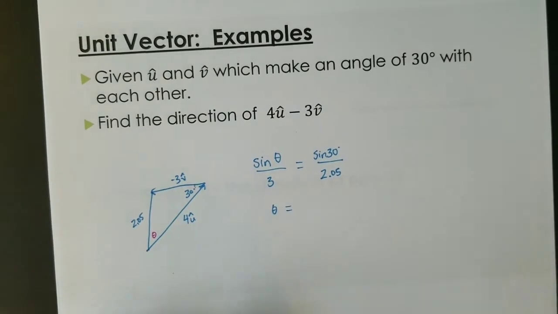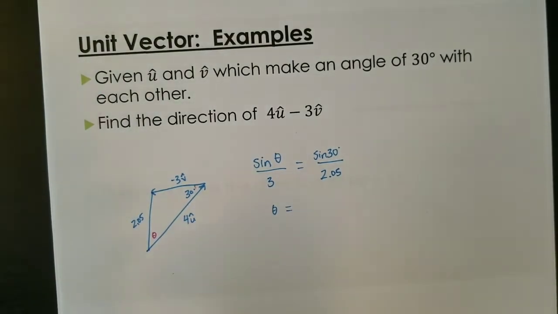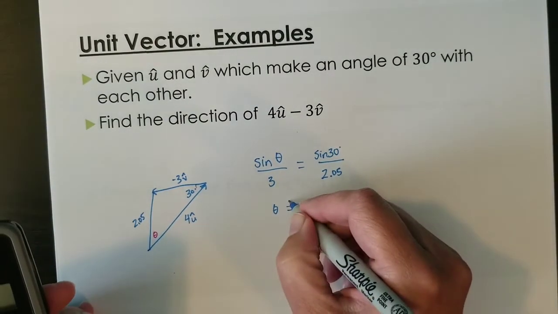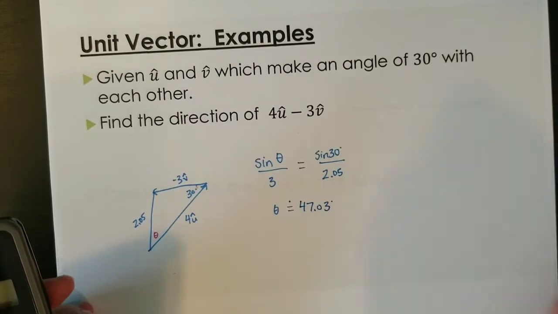So again, I'm not going to require that you show me a ton of work. So sine of 30 times 3 and then divided by 2.05, and I get theta is about 47.03 degrees.